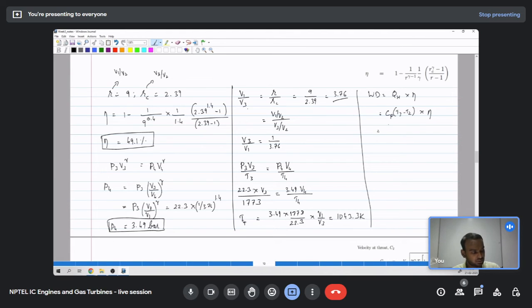Cp is 1.004, T3 is 1773 Kelvin and T2 is 741, into efficiency which is 49%, so that is 0.491. So this is 508.74 kilojoule per kg.